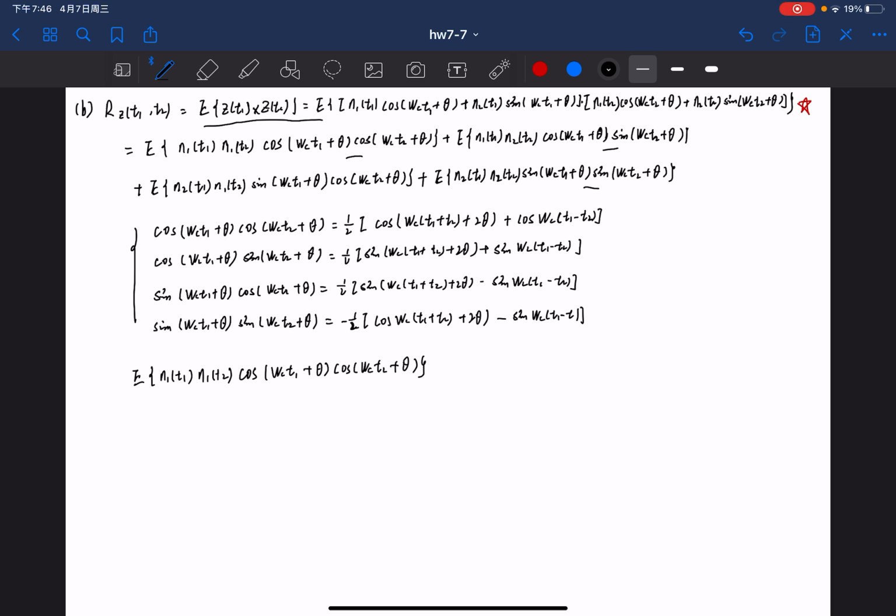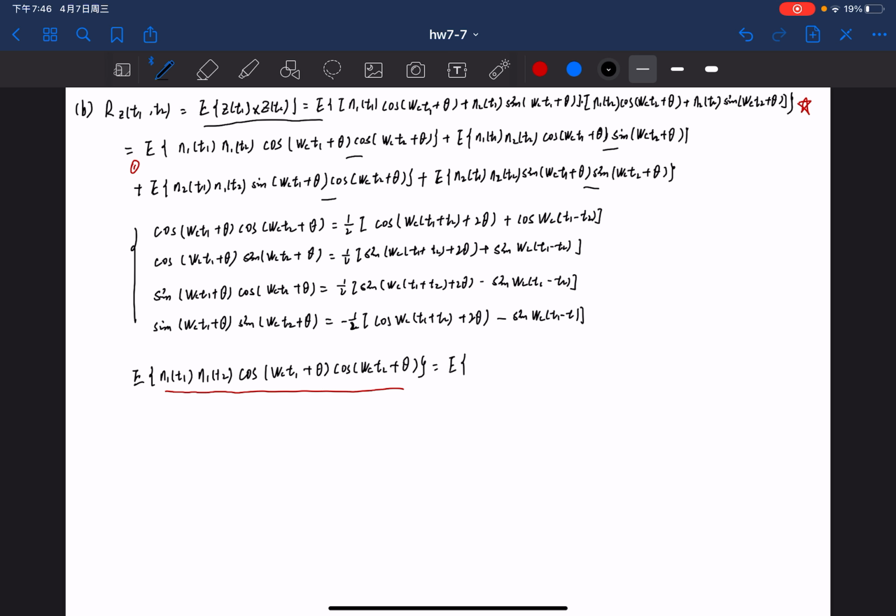And because the product is hard to calculate, we can use these four formulas to substitute the product. For the first part, it equals the expectation of this. Because N1(t), N2(t) and theta are independent, we can write this part in this format.